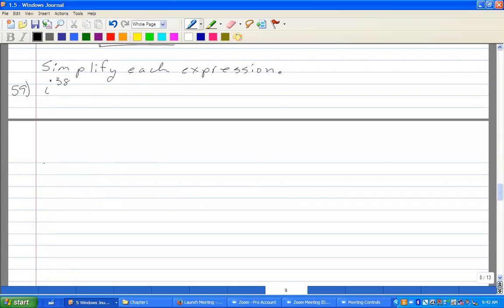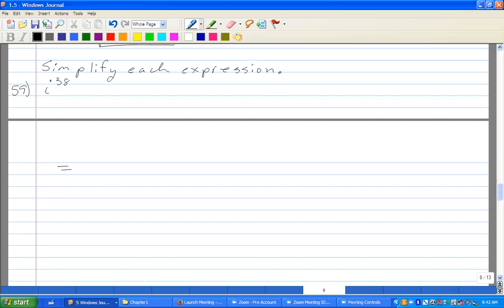So I to the 38. It says here, simplify each expression. And so in problem 59, I want to simplify I to the power 38.